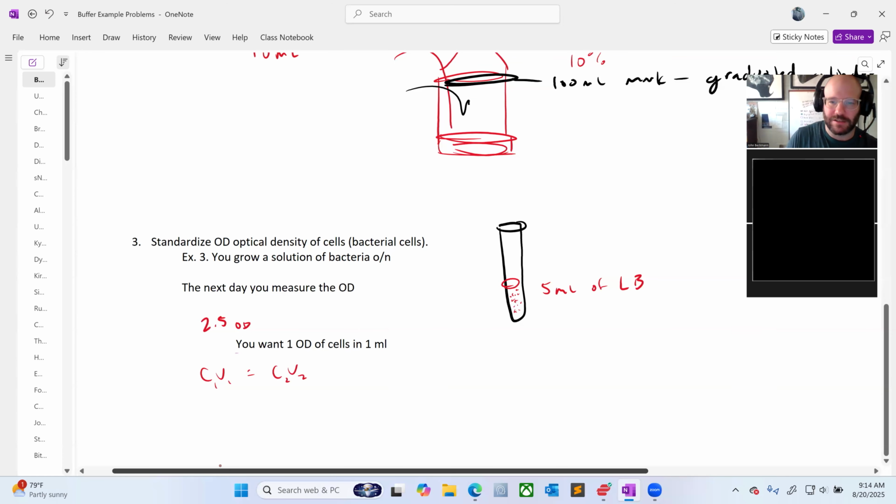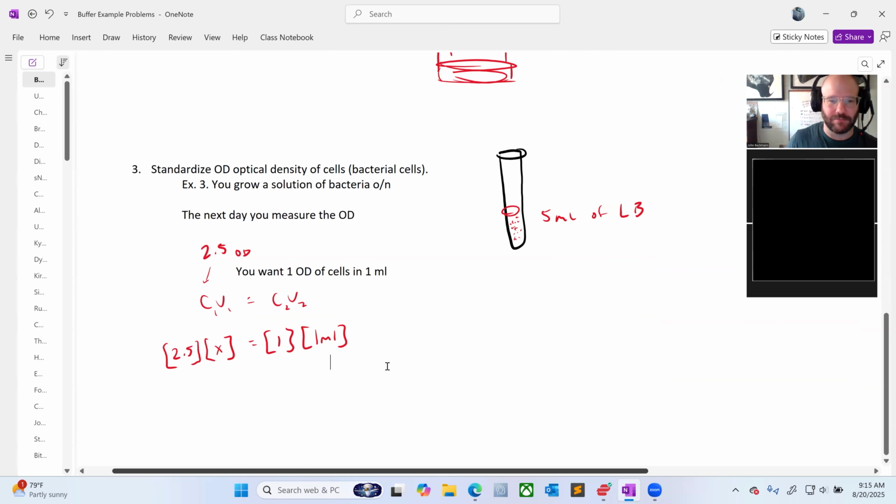To do this simple calculation, the concentration that you know is 2.5 ODs, and you want to know how much of that volume to add to create a new solution that is 1 OD in 1 mil. Again, be careful about your units, but it's the same calculation.